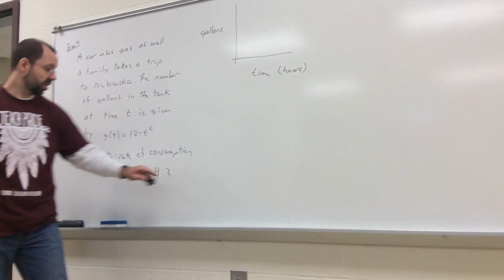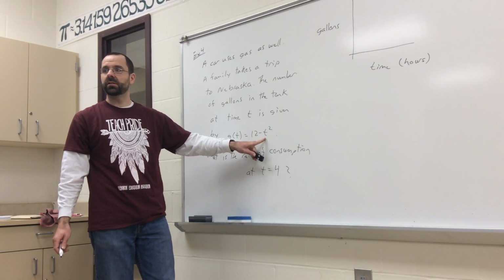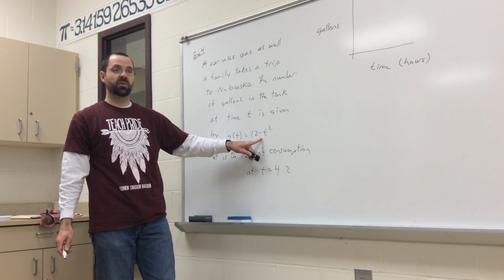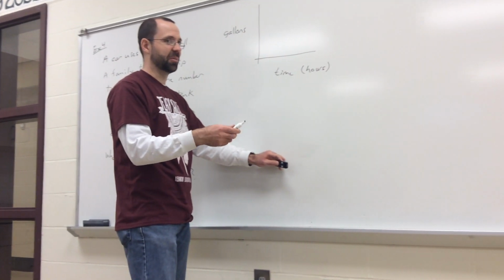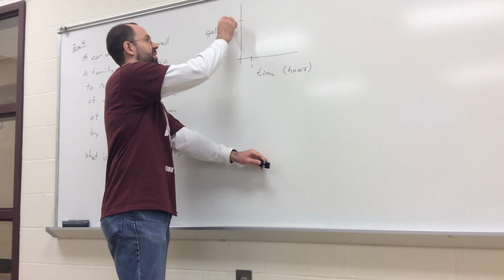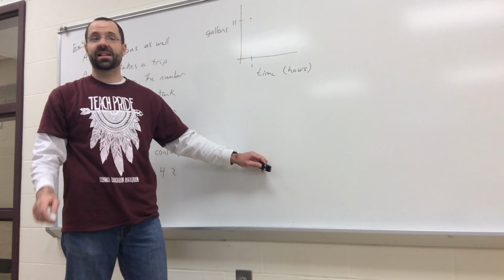So in other words, if I plug a 1 into this formula, 1 squared is 1, 12 minus 1 is 11. So this time it's going to be a little easier to understand, Dan, because I'm not making numbers up. So that means at 1 o'clock in the afternoon, there's 11 gallons in the tank.